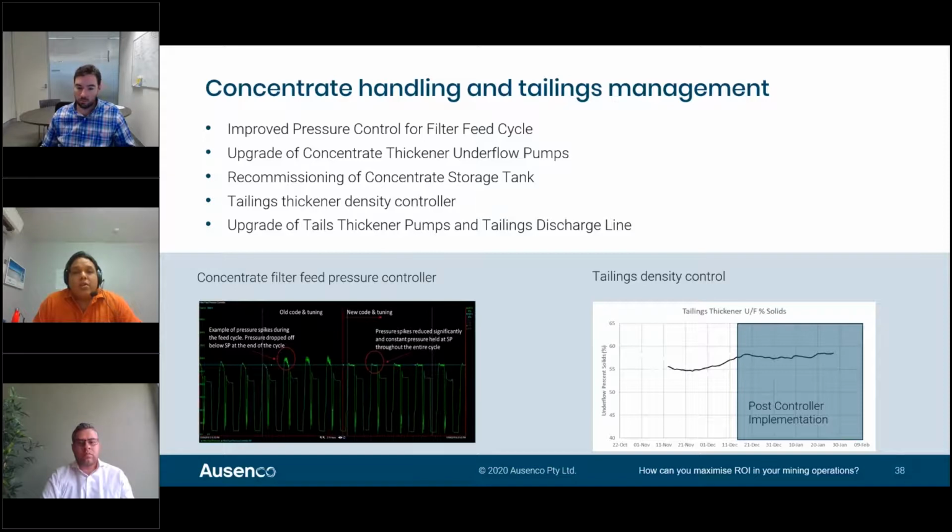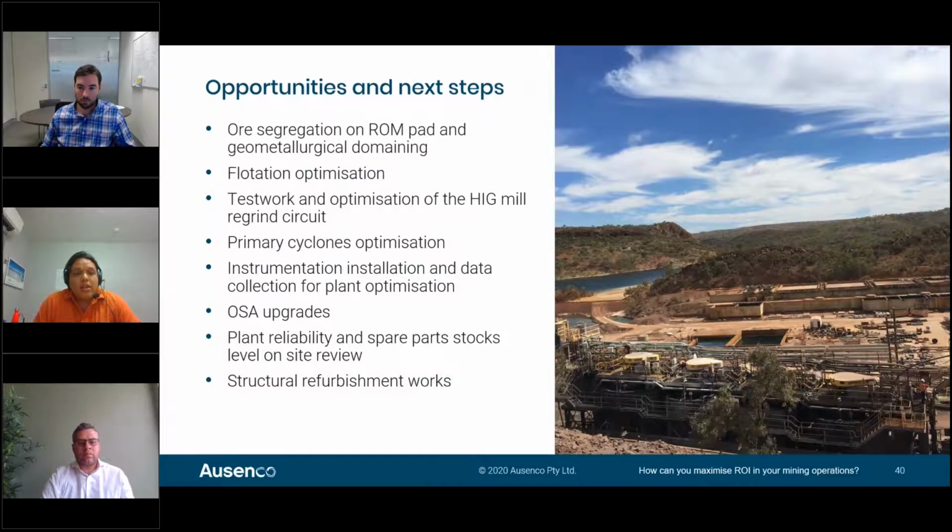So where are we going now? This is what I'll talk about in this slide. Over the next 12 months, we will continue to improve and optimize the plant to achieve higher production and throughput rates.